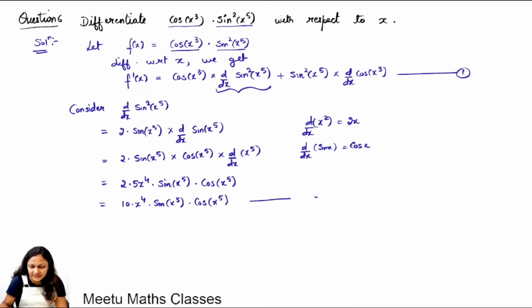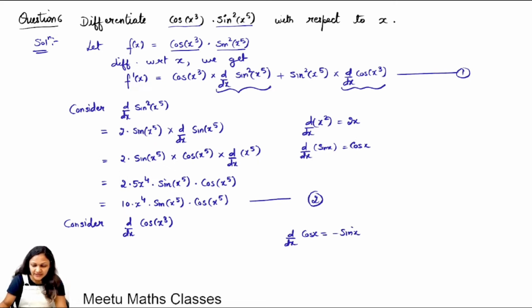Now let us take this as your second statement. Now we are going to take the derivative of cos x³. So consider the derivative of cos x³. Now the derivative of cos x is minus sin x.